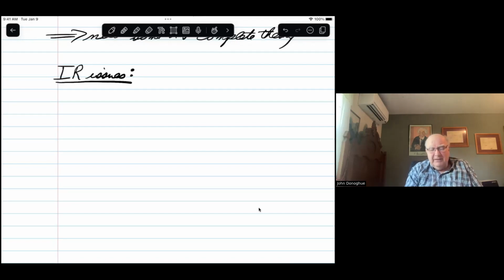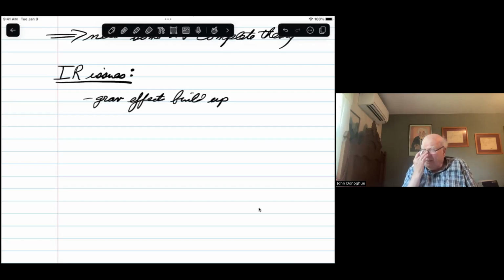The basic effect is that gravitational effects build up. So even though right here I am in a very low curvature region, my metric function is taken to be basically flat here.